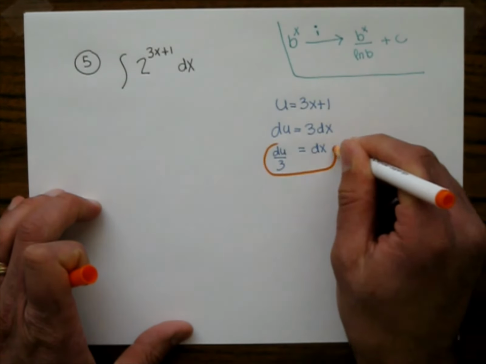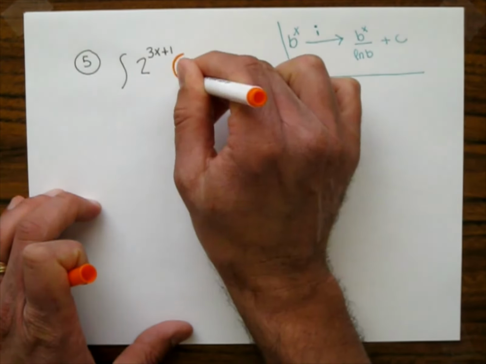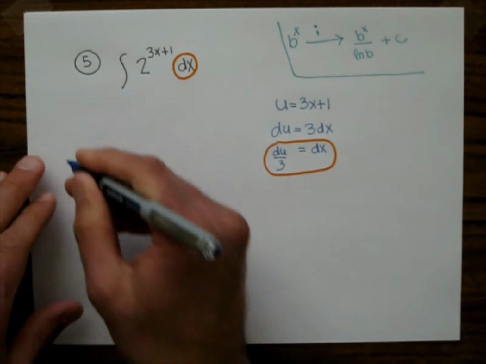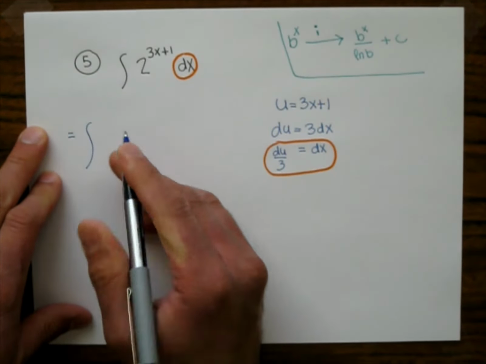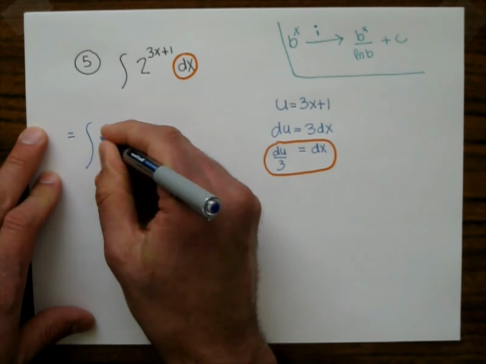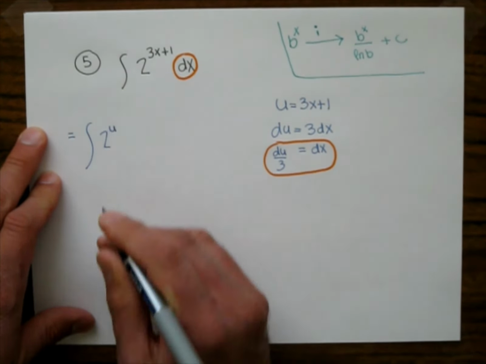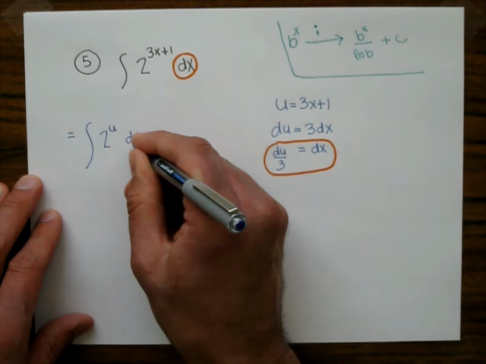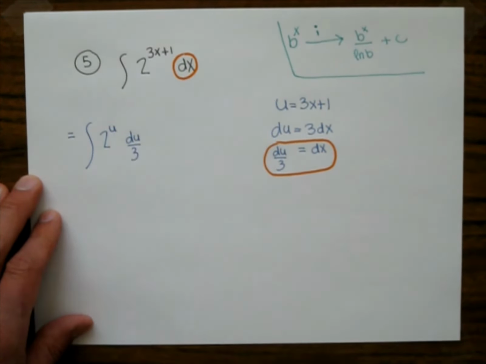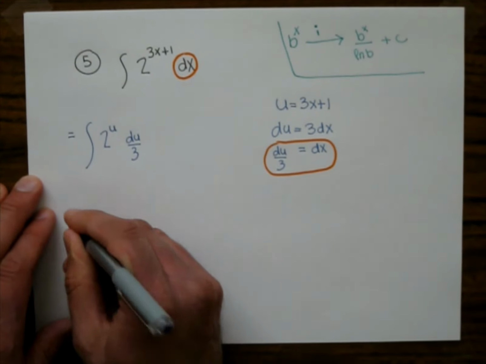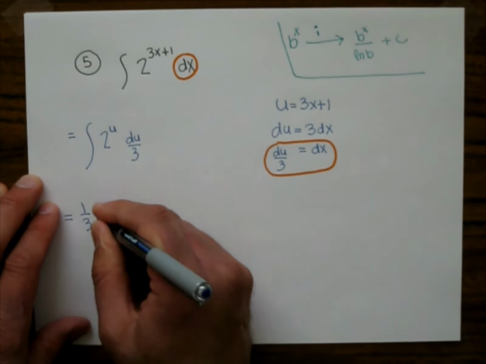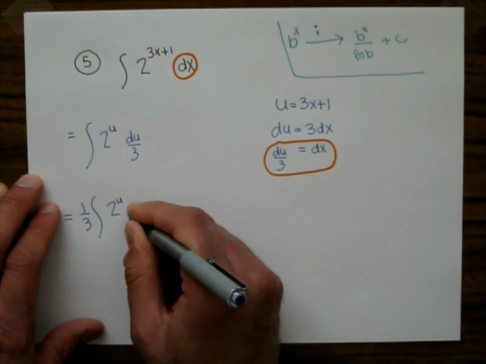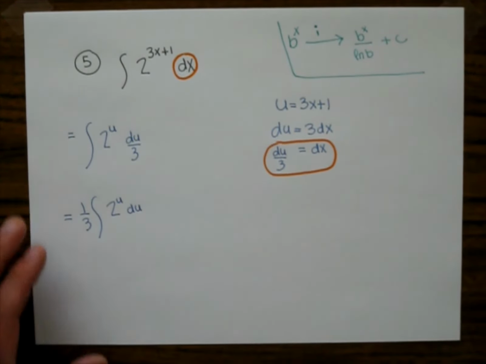So there it is. I've been circling my dx's, or things that have dx's, with orange. Let's go ahead and write out the next step here. This is going to be 2 to the u, and then the dx is du over 3. Okay, I'm going to bring the 1/3 out in front of the integral sign there, and then we have 2 to the u du.